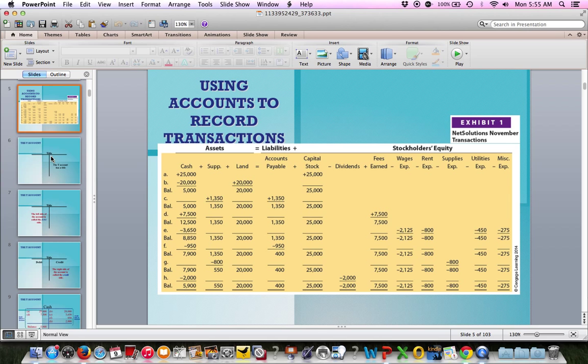But if you just think of the column headings here, cash, supplies, land and assets, payables for liabilities, and then equity is made up of everything else: capital, stock, dividends, revenues called fees earned, and various expense accounts. Each one of those column headings is truly an account. Okay, so we'll spend some time today talking about accounts.